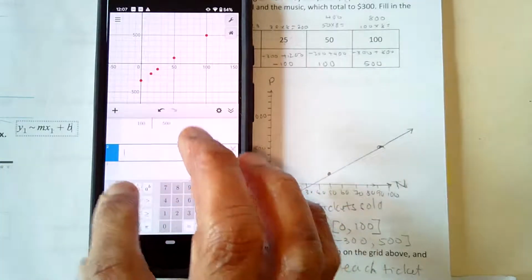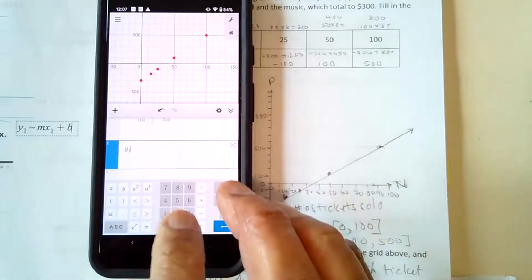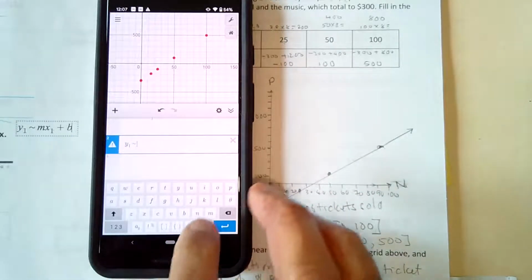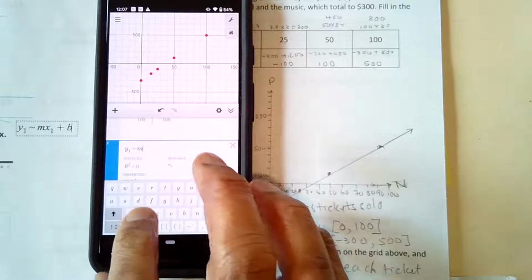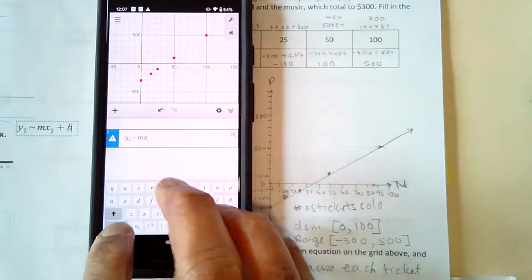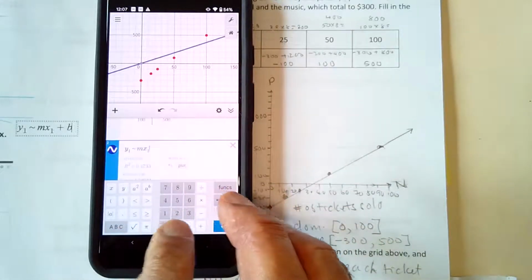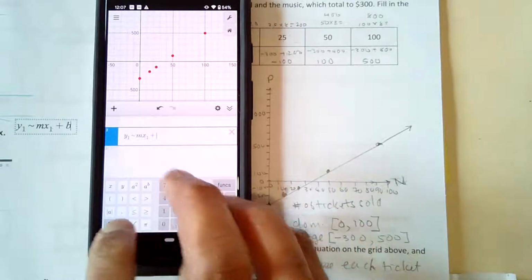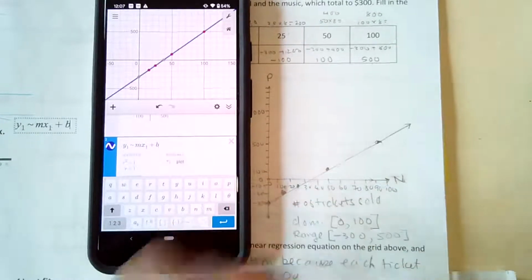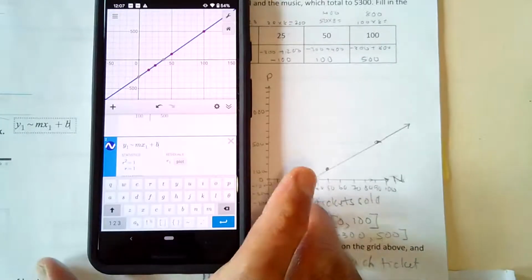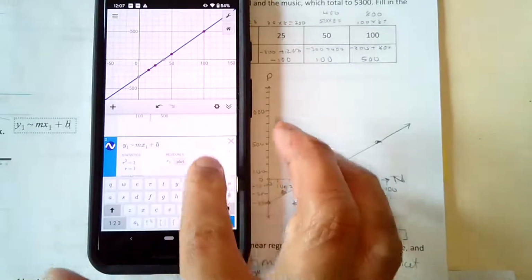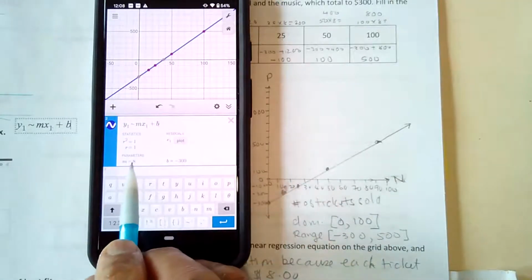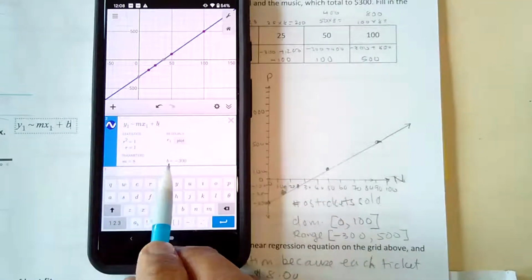So I go to y1, with a tilde, m, x, and you have to put your 1 in there. So my equation, not yet, but plus b. Now you go back to b, and there's my line of best fit. Excellent. Now my equation is y is equal to 8x minus 300.